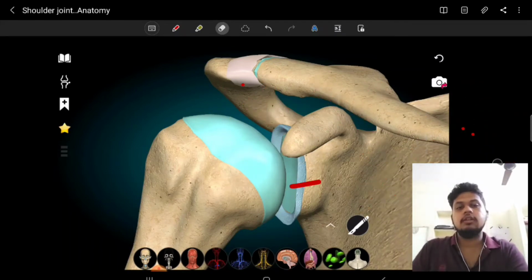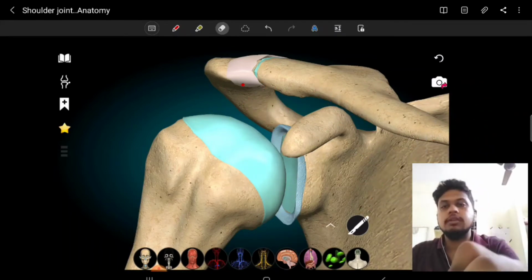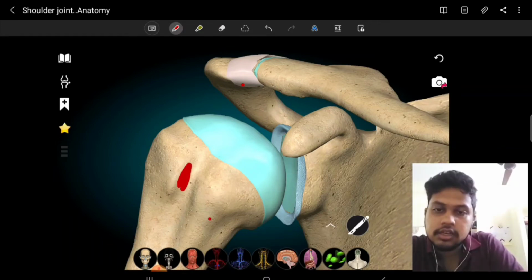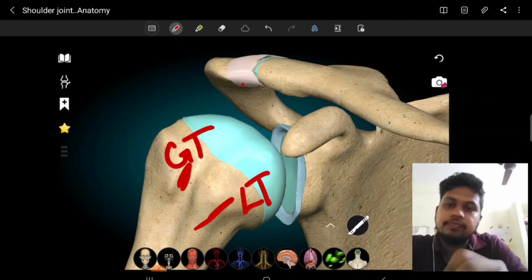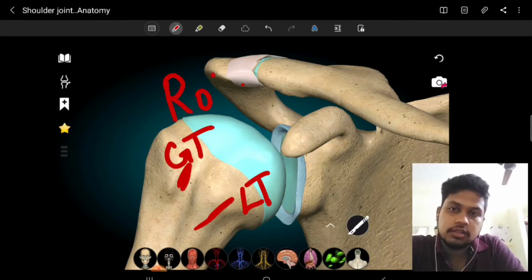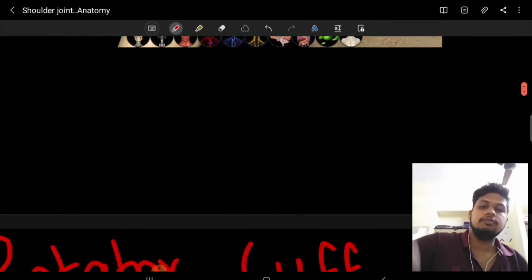Another important thing which you have to remember is this: this is the greater tuberosity, this is the lesser tuberosity. This gives insertion to the rotator cuff muscles. Having said that, let's move on to the rotator cuff.